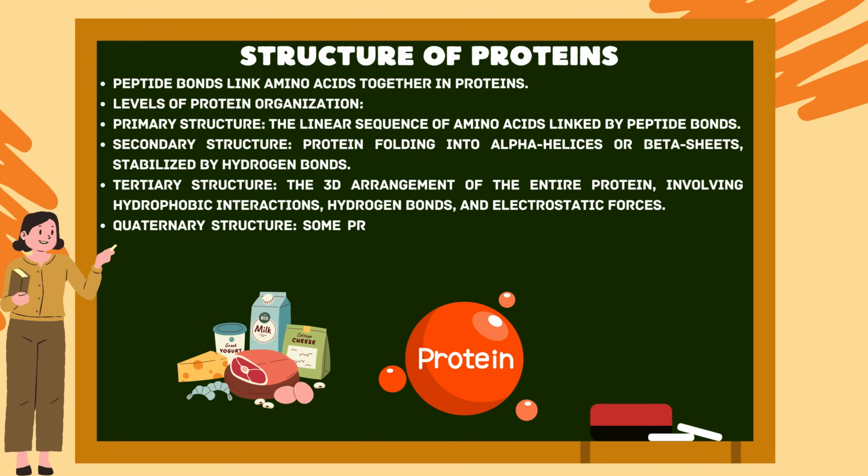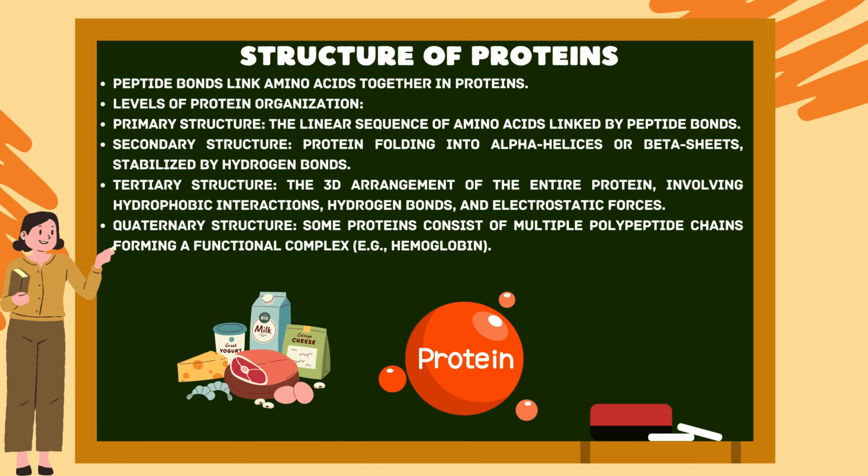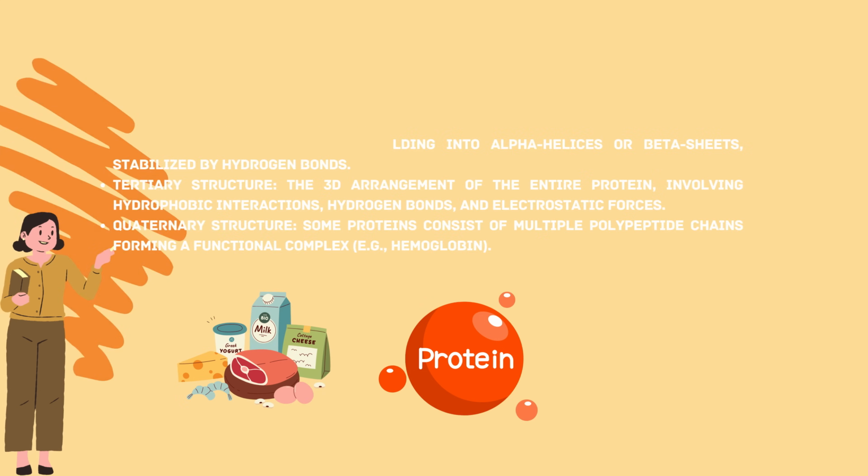Tertiary structure: the three-dimensional arrangement of the entire protein involving hydrophobic interactions, hydrogen bonds, and electrostatic forces. Quaternary structure: some proteins consist of multiple polypeptide chains forming a functional complex. Example, hemoglobin.